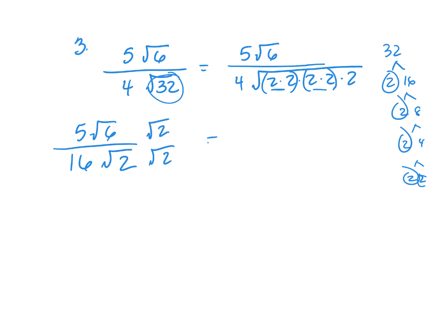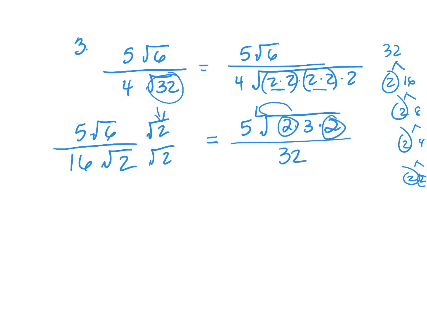So now I have 5, and I'm going to go ahead and factor that 6 as 2 times 3, and then I'm going to add the other 2 under there because I'm multiplying it by root 2. And downstairs, what is root 2 times root 2? Jonah, what is root 2 times root 2? I have a pair of 2's, so I can pull a 2 out.